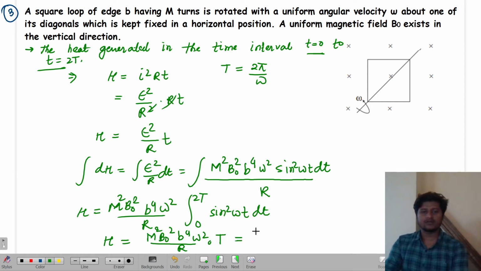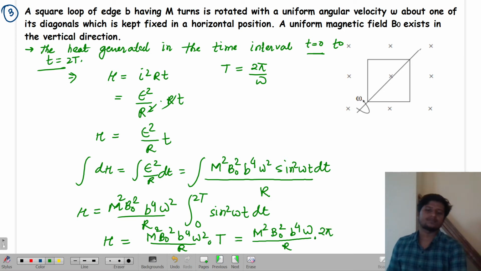So this whole answer will be N square B naught square B square omega divided by 2R, where time is equal to 2 pi by omega, into 2 pi. Right or not?